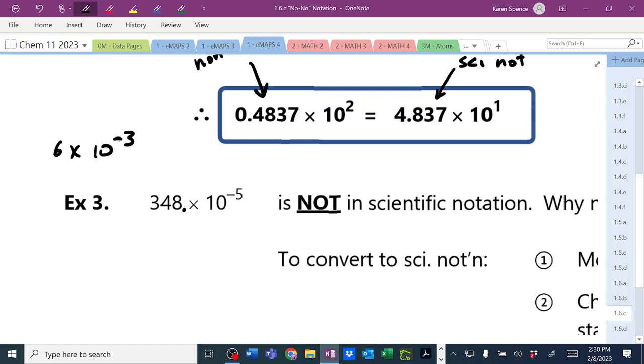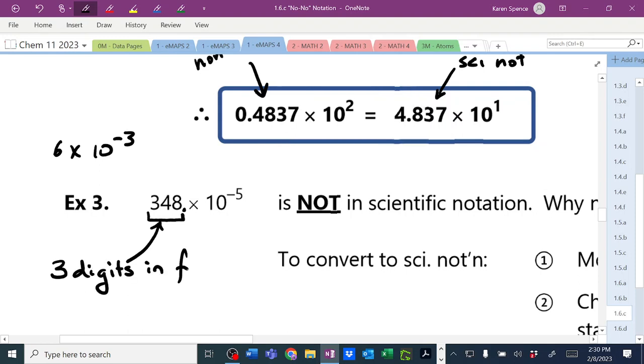We have a bigger number. Specifically, what is in front of our decimal? How many digits in front of our decimal? 3. But we are only allowed to have 1.